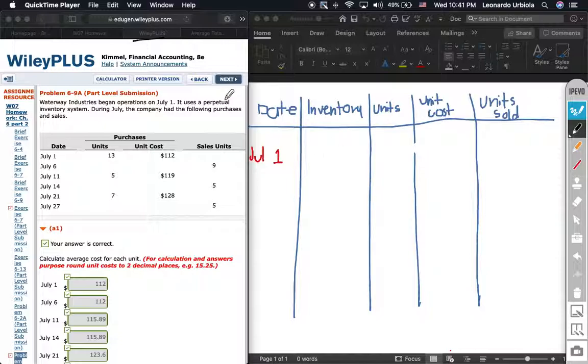So to start off, we see that on July 1st we have 13 units, and they are already giving us that information. The unit cost is 112.